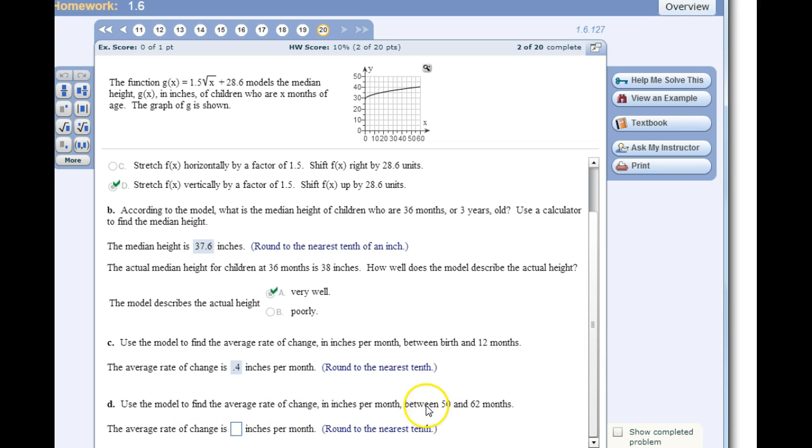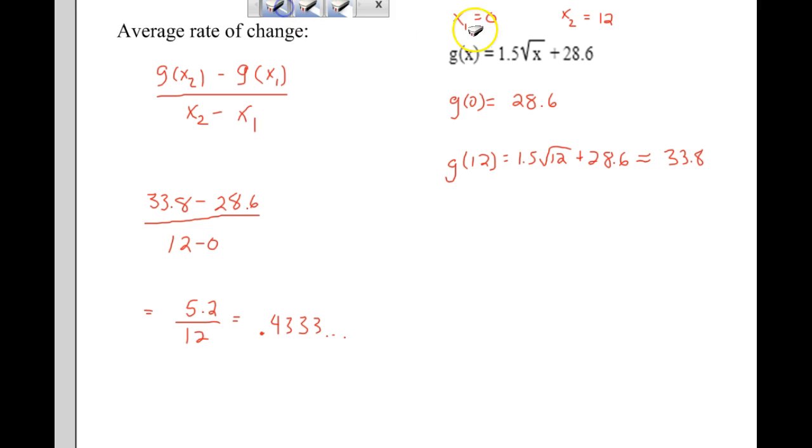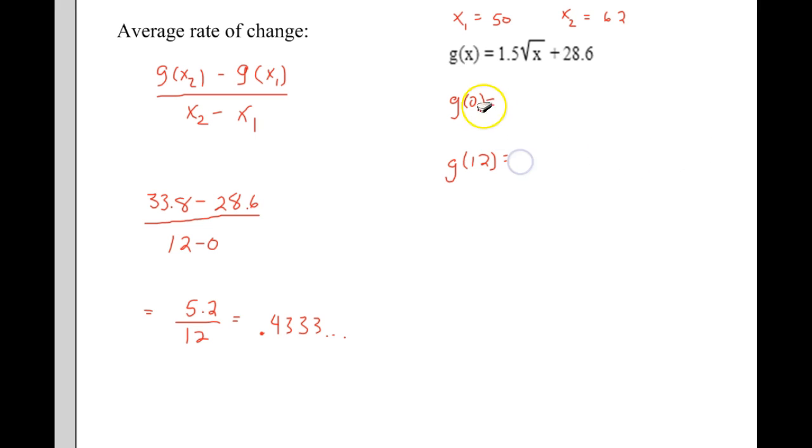Find the average rate of change between 50 and 62. We're right back to this function, but this time instead of 0 and 12, we have 50 and 62. Using the same concept, I'm going to plug in 50 and 62 to get those two outputs, using the calculator.